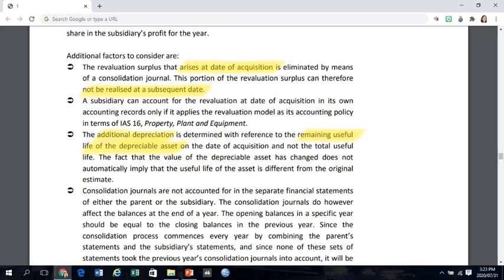The fact that the value of the depreciable asset has changed does not automatically imply that the useful life of the asset is different from the original estimate. If there is a change in estimate, that information will have to be communicated in a test scenario.